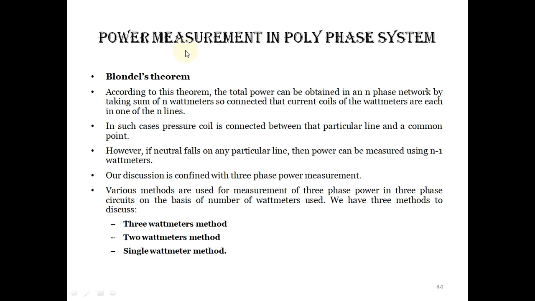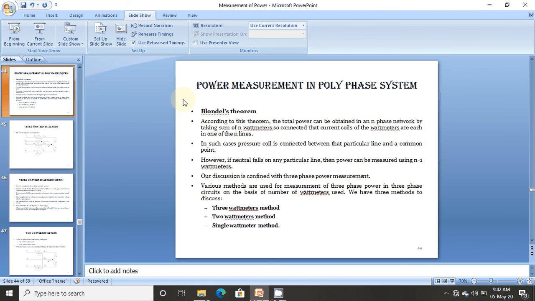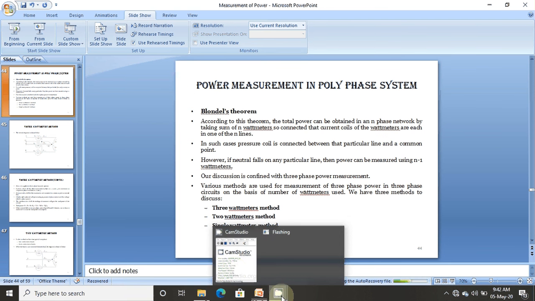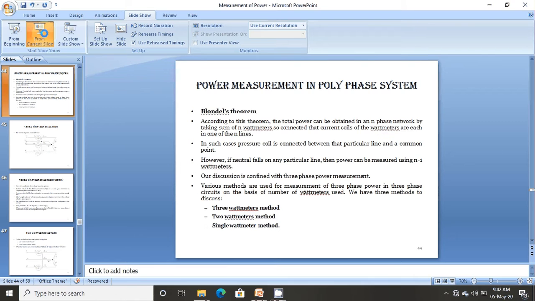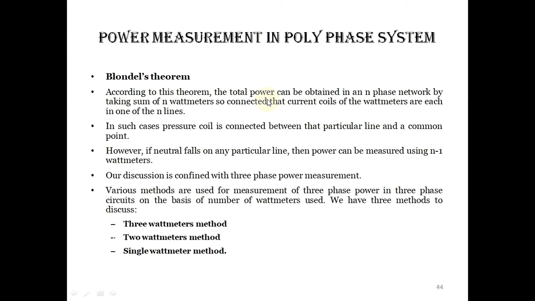Now let's move to the next segment, power measurement in polyphase systems. First is Blondel's theorem. It says that the total power in an n-phase network can be obtained by summing n wattmeter readings.